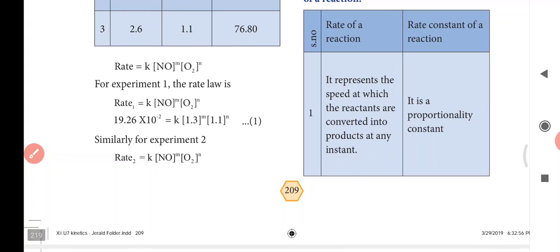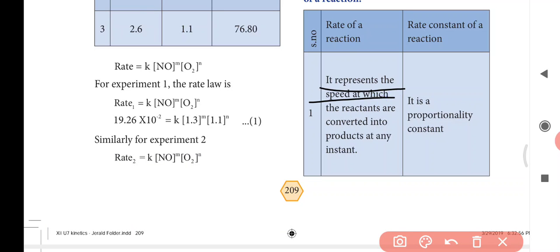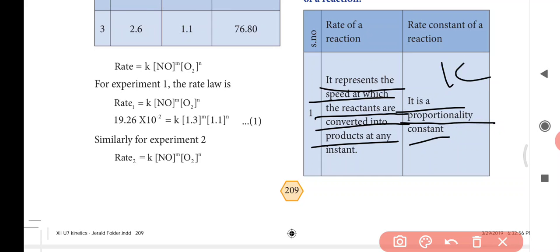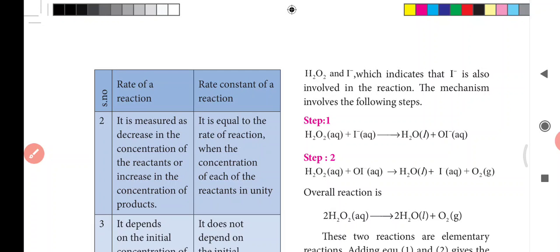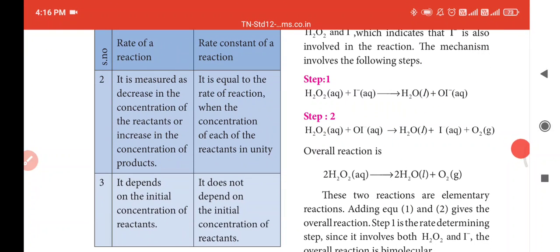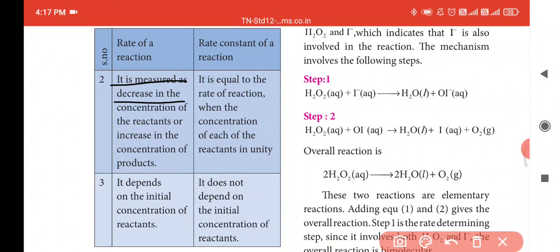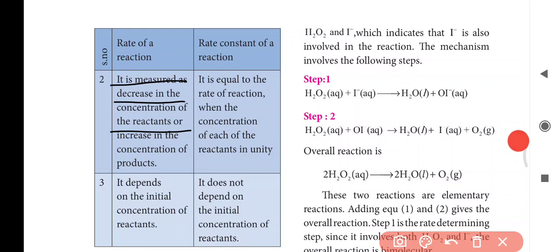Rate of reaction is nothing but speed of reaction. It represents the speed at which the reactants are converted into products at any instant. The rate constant is the proportionality constant of the reaction, K. The second point is that rate of reaction is measured as decrease in the concentration of the reactant or increase in the concentration of the product.